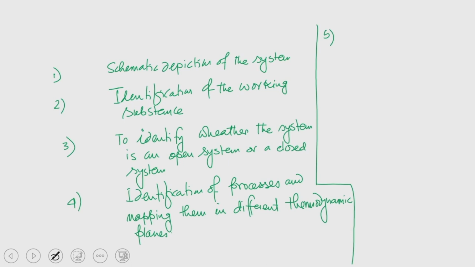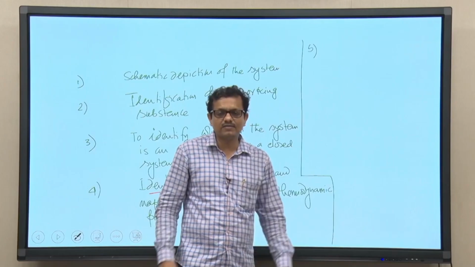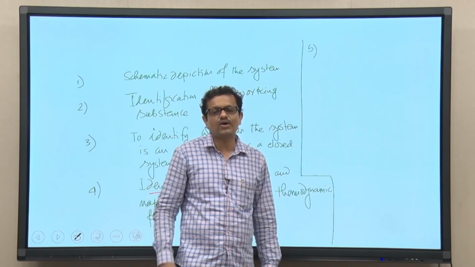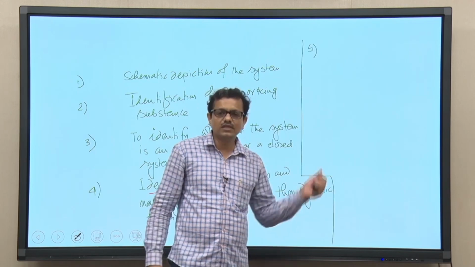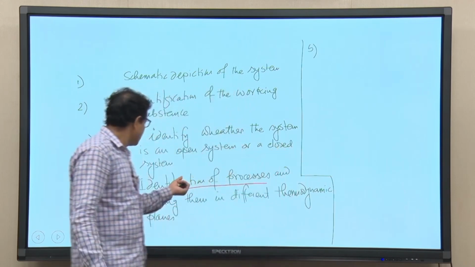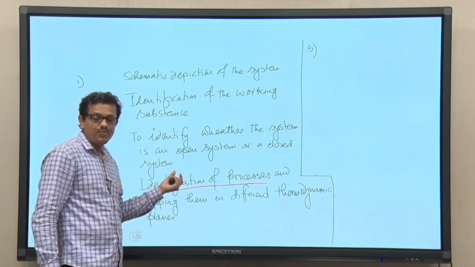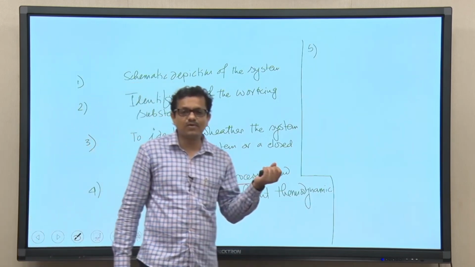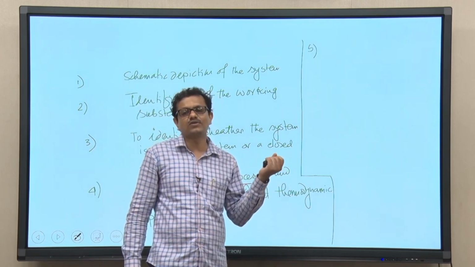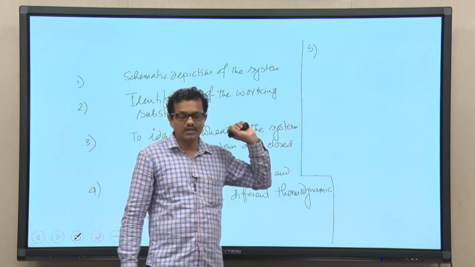I am underlining one important line over here, identification of processes. This task needs us to know whether any particular property is remaining constant throughout the process or it is 0. So, this is very important. I am not writing that particular aspect.